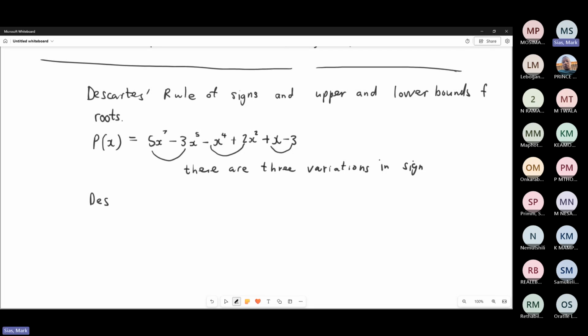You want to be able to restrict your roots and see that they lie in an interval on the real line, okay? Descartes' rule of sign.